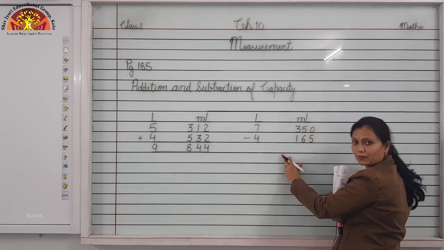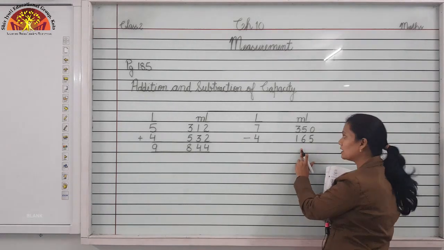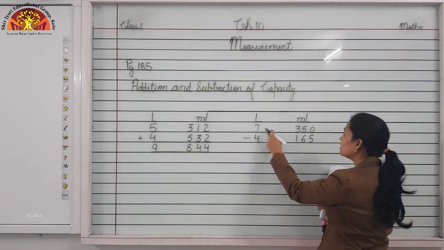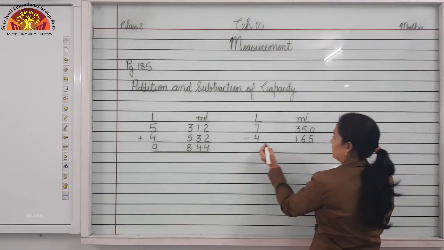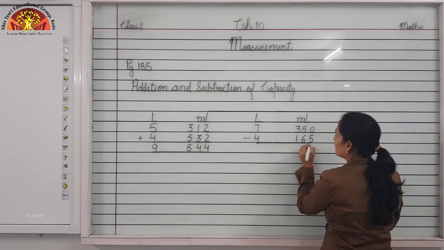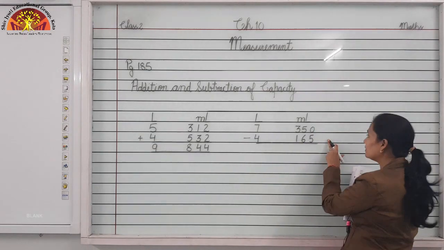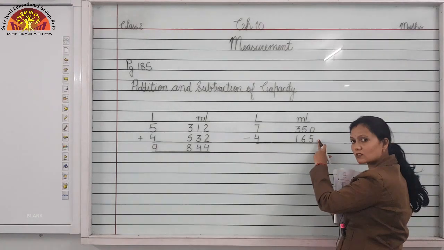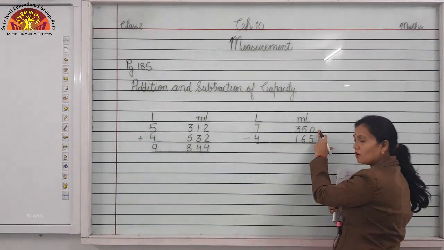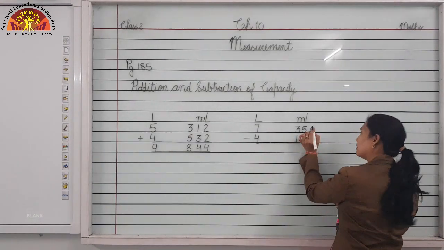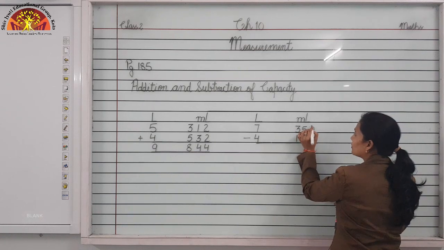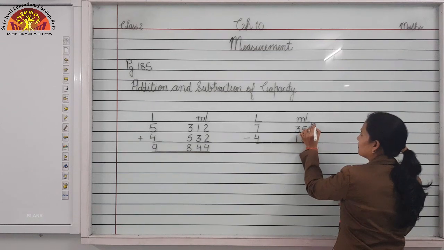Here we have to subtract 4 liter 165 milliliter from 7 liter 350 milliliter. Let's see. We'll start from this side. 0 minus 5. It is not possible to subtract 5 from 0. So we'll borrow 1 from 5. So this 0 becomes 10 and this 5 becomes 4.